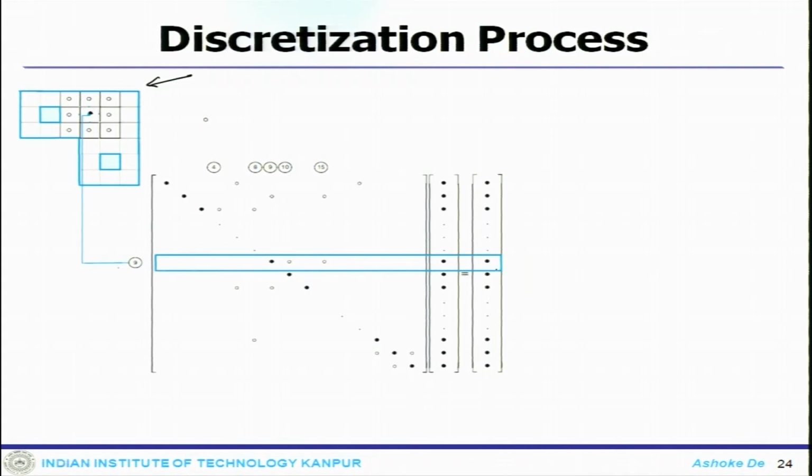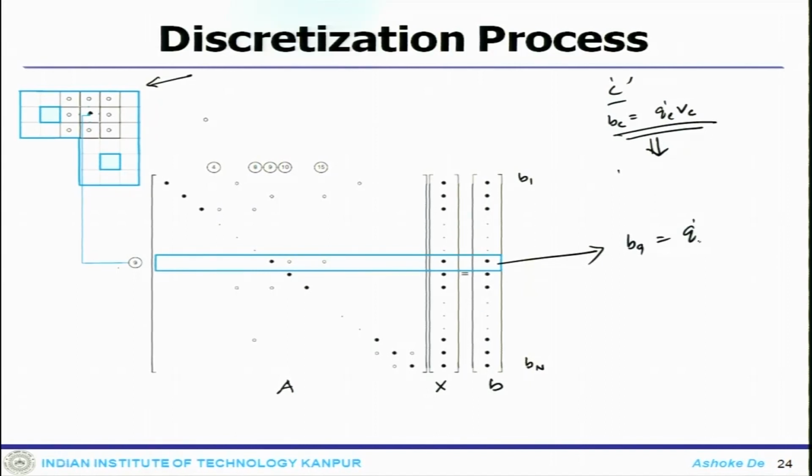Now, if you look at some row of this particular system, this is your A, this is your X, this is your B, and B will contain all of these, starting from B1 to Bn. For element C, the B_C is essentially Q dot_C by into V_C. If you transform them to the global system, that will contain somewhere B9, which is Q9 B9.